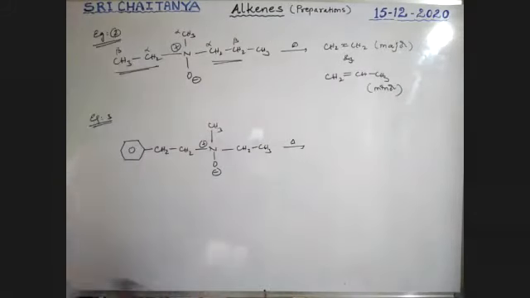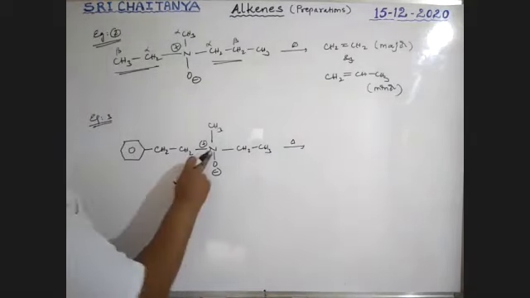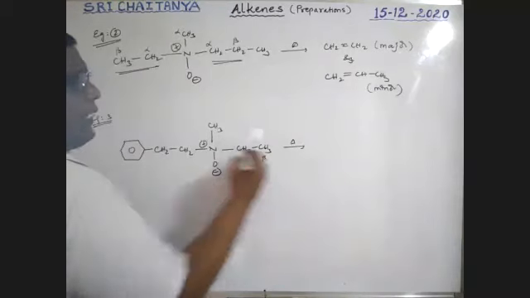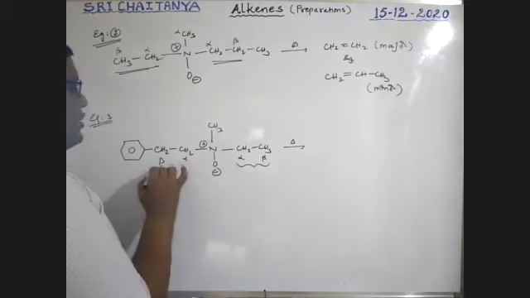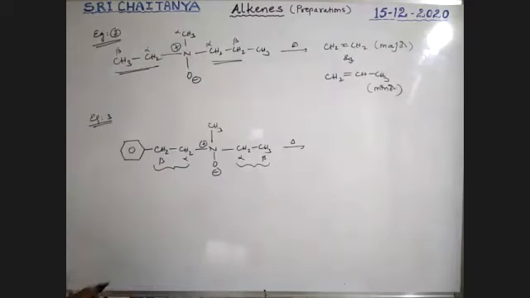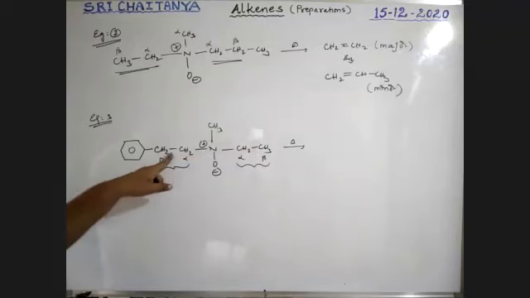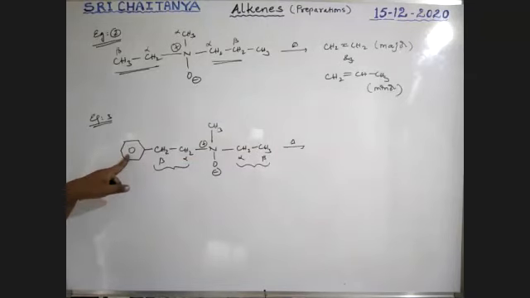On heating, boys, it is Cope elimination. What is the final answer? This is nitrogen. This is alpha, beta. Between these two there is a double bond formation. Here, no conjugation. Here, conjugation is possible with the benzene ring. Therefore, this alkene is more predominant.